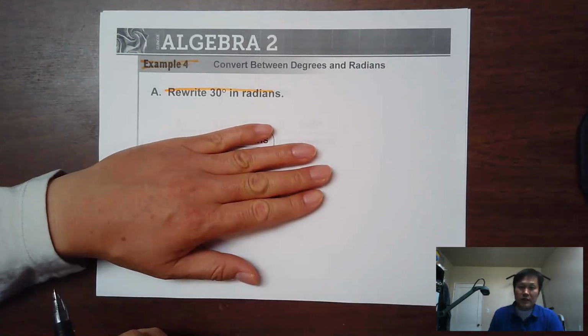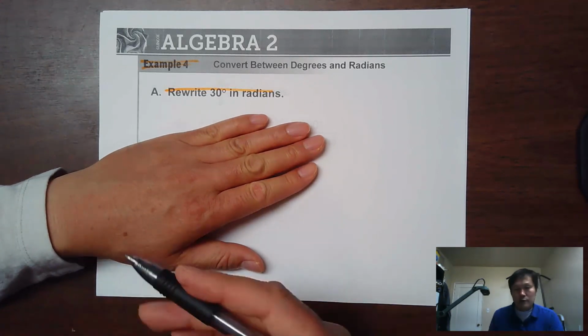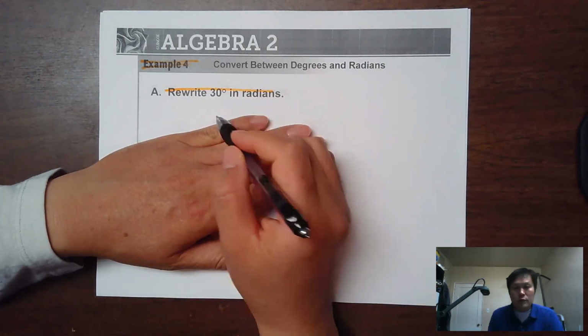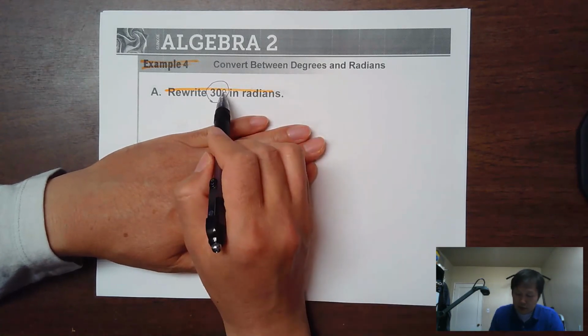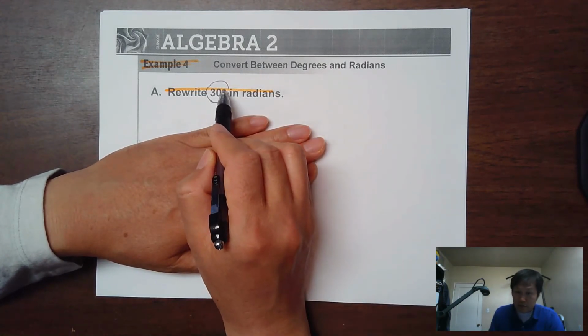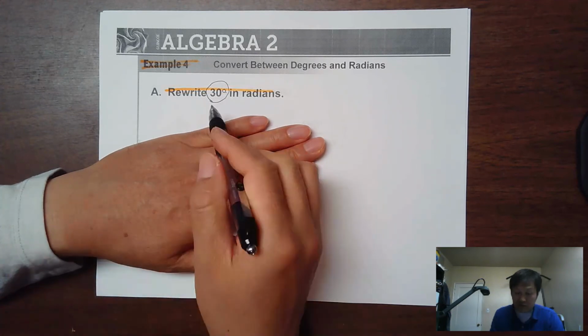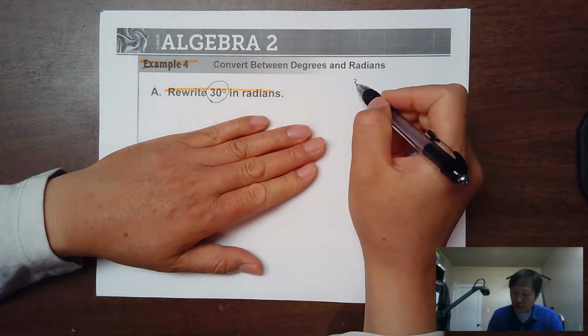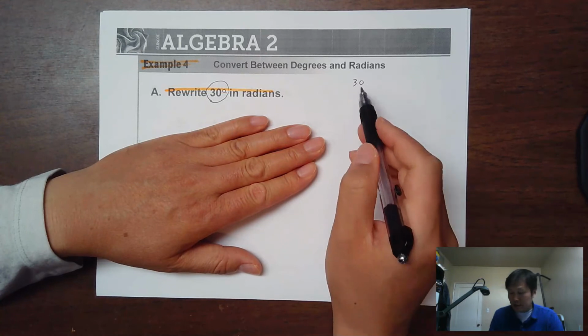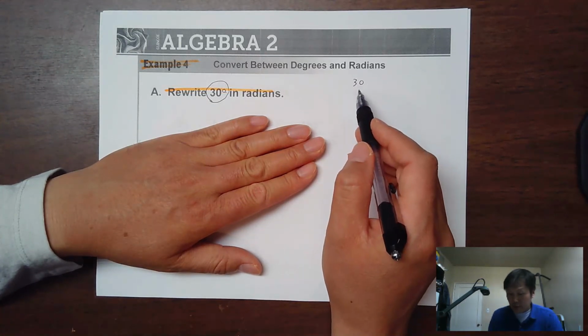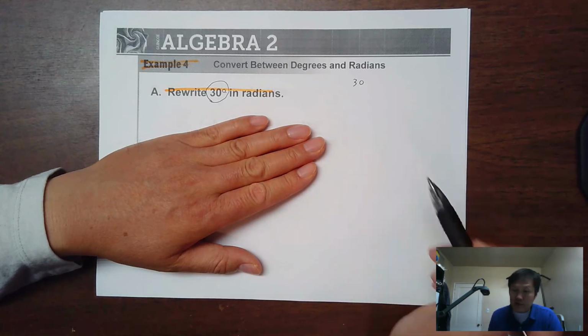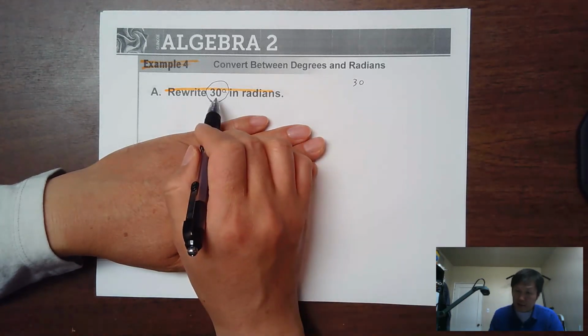Write 30 degrees in radians. Okay, so you might say, how do you know if the given information is degree or radian? Well, look at this symbol. That's a degree symbol, meaning this is degree. So if you see 30, is that degree or radian? It should be radian, because there's no degree symbol. That's radian, that's degree.